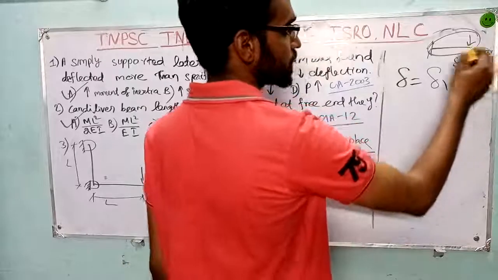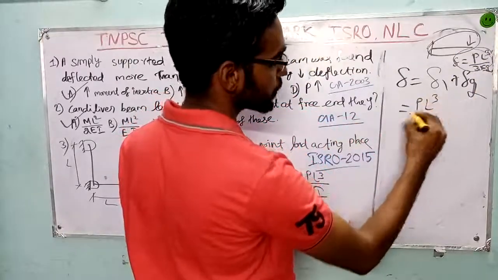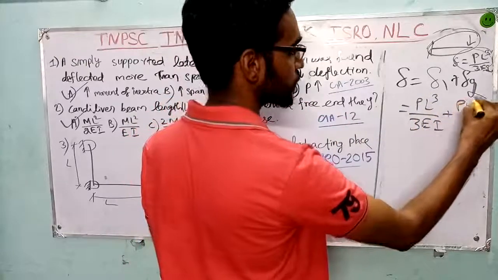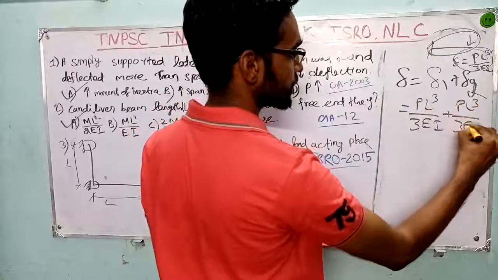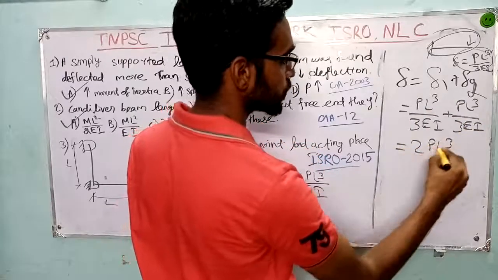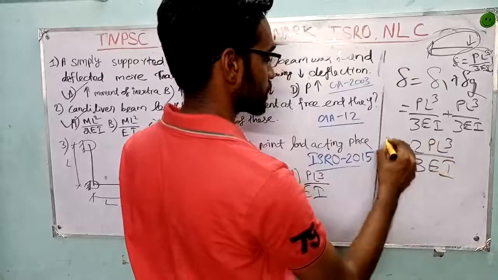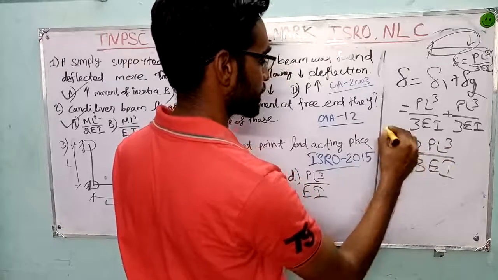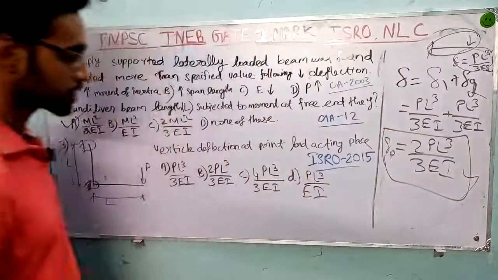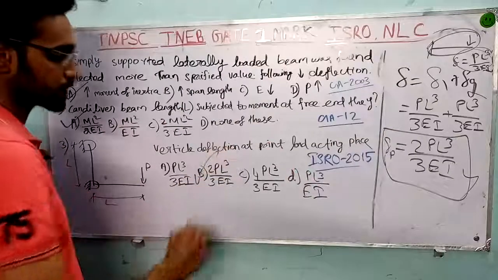Then with 2 acting, the total deflection will be PL cube by 3EI plus PL cube by 3EI, so the answer will be 2PL cube by 3EI. Total deflection at point P, the load acting place. That is the answer. So of the given options, the second option B is right.